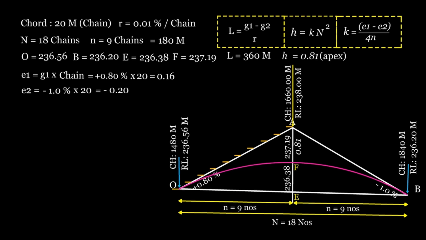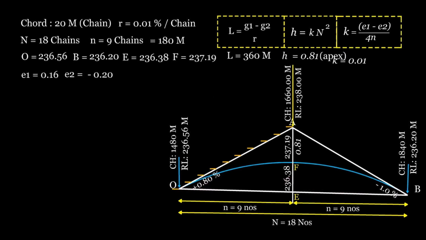Minus 1 divided by 100 times 20 equals minus 0.20 meters. Now, K equals (E1 minus E2) divided by 4 times N. Substituting the values, K equals (0.16 minus 0.20) divided by 4 times 9, which equals 0.01.